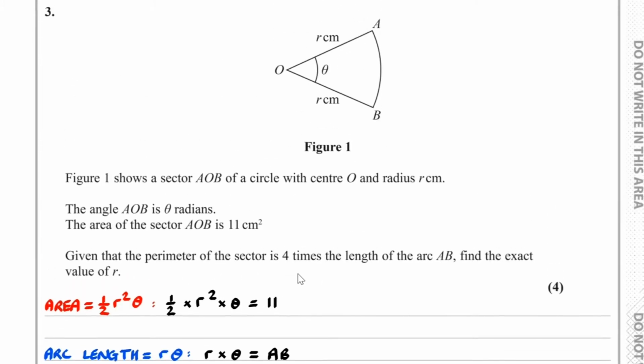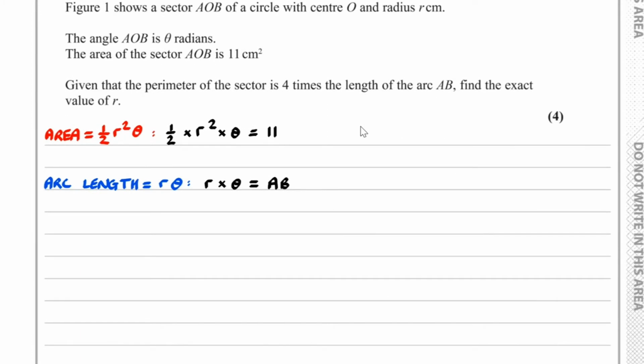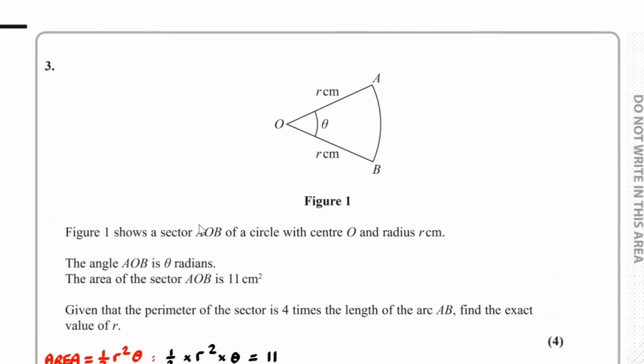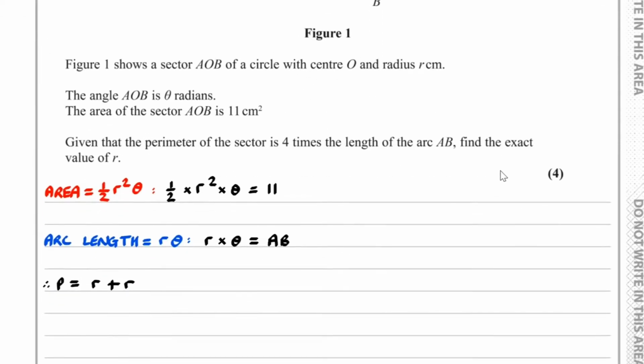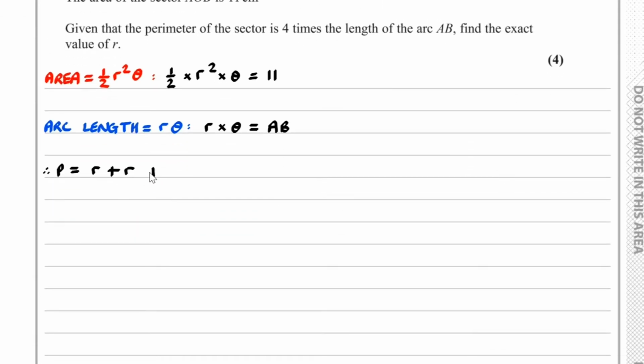Now, if we find an expression for the perimeter, P is equal to r plus r, so those are the radii, and then we add on the arc length r theta.